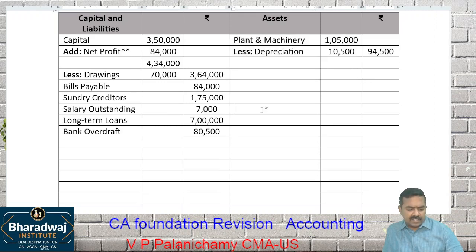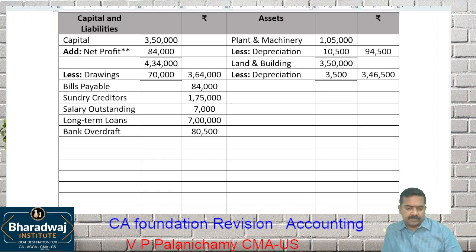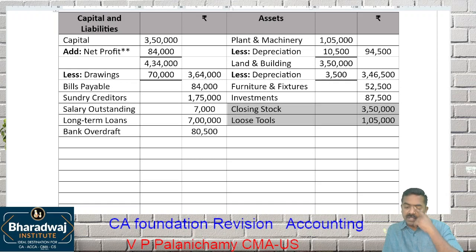Then record the assets after depreciation. Other assets will continue. What are the other assets? Furnitures, investments, closing stock, the loose tools, closing stock of both raw material and finished goods will come.